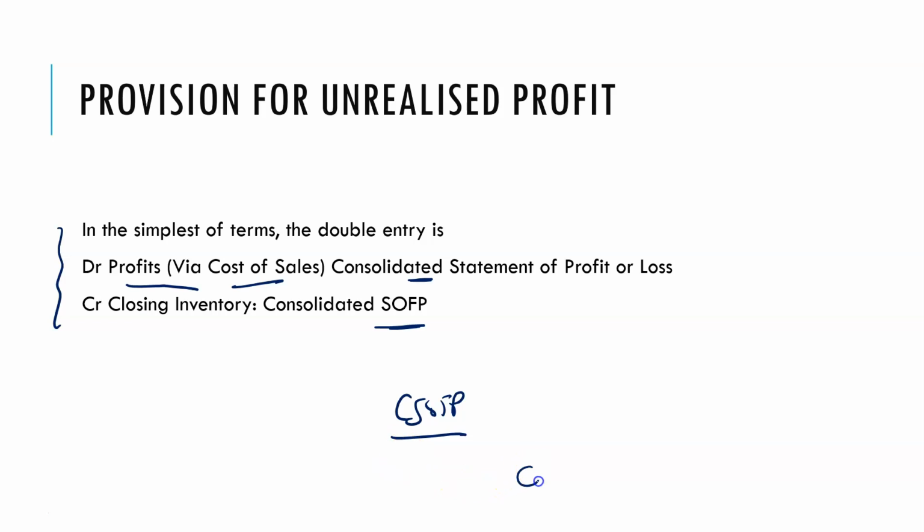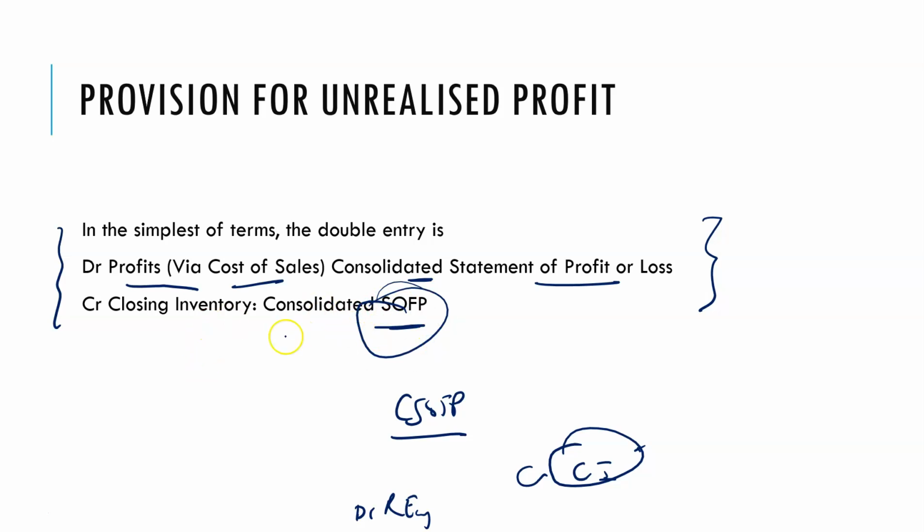So the only way to do that is to credit closing inventory and debit retained earnings to make this happen. That's what we do with PUPs. For PUPs, we credit the closing inventory and we debit the retained earnings of whoever has the profit. But we can see it clearly in the consolidated statements of profit or loss. We can effect that change via the actual retained earnings, which is the profit or loss account, by doing it via cost of sales. And this closing inventory, of course, is in the statement of financial position.